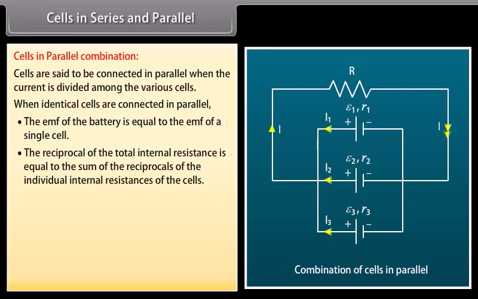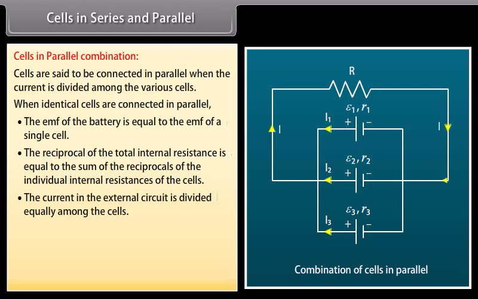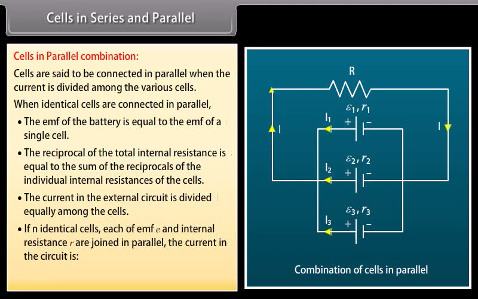The reciprocal of the total internal resistance is equal to the sum of the reciprocals of the individual internal resistances of the cells. The current in the external circuit is divided equally among the cells. If n identical cells, each of EMF E and internal resistance r, are joined in parallel, the current in the circuit is equal to nE divided by (nR + r).